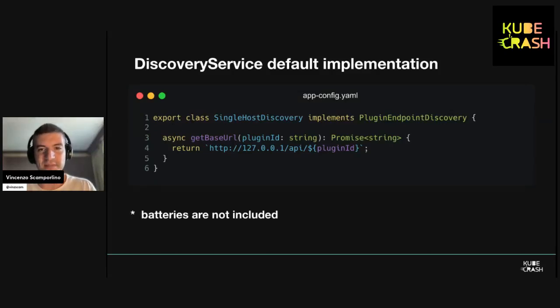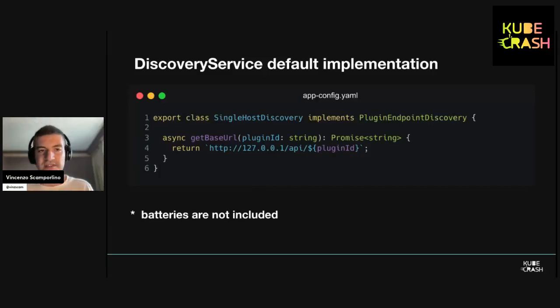To better explain, the default implementation assumes that all plugins live in the same Backstage app. So if your goal is to distributively deploy the plugins, you need to provide your own implementation of Discovery Service, by providing your own class implementing this getBaseUrl method.